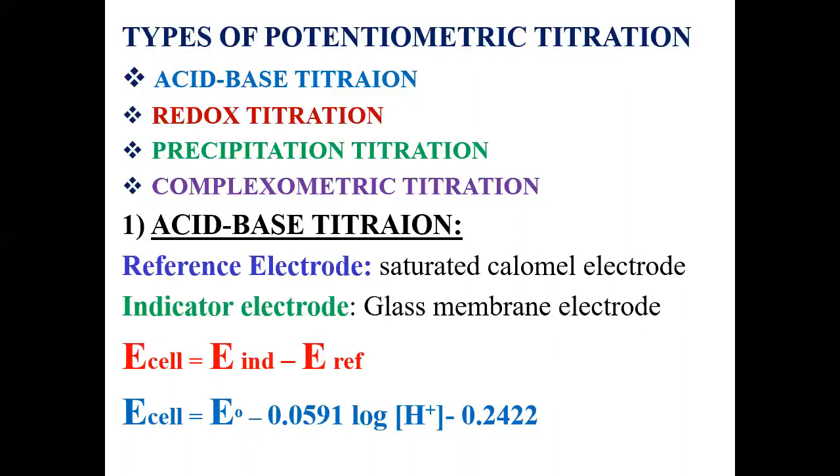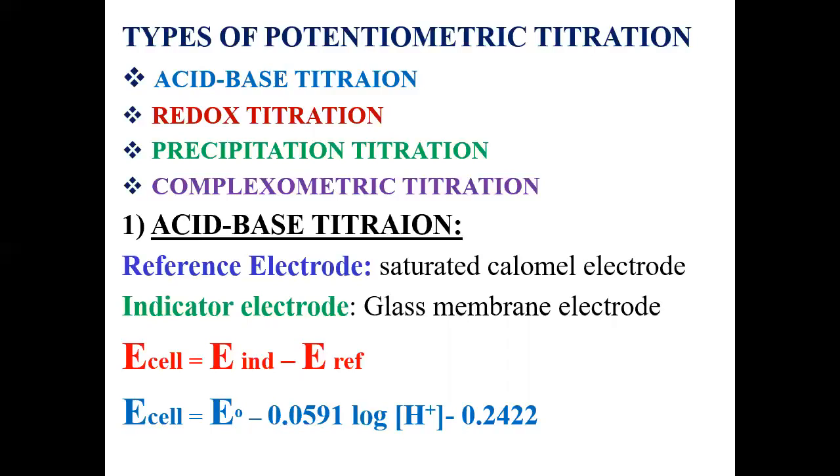So the potential of the indicator electrode rises linearly with the concentration of the unknown solution. At the end point, when the concentration of the solution changes, there is a sharp change in the potential of the indicator electrode, so the end point can be easily detected. And so today we'll discuss these four different types of potentiometric titration.